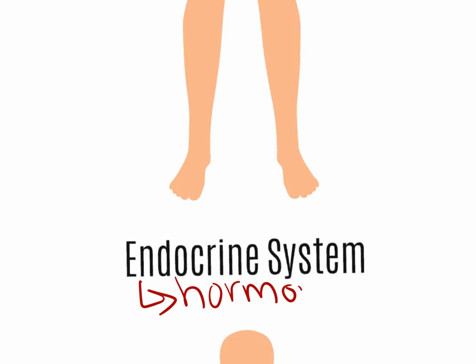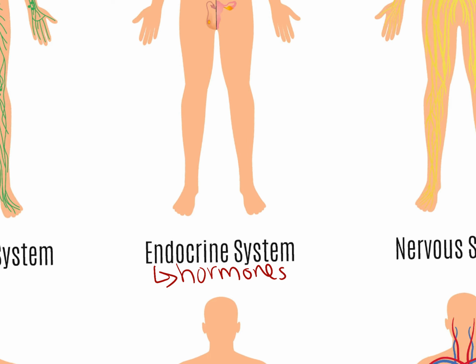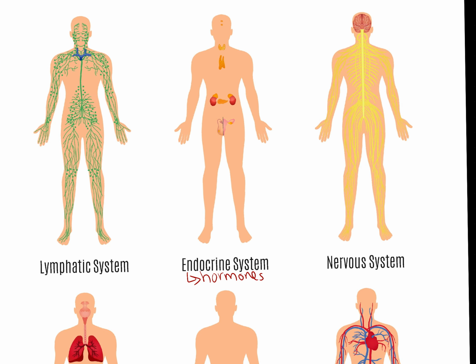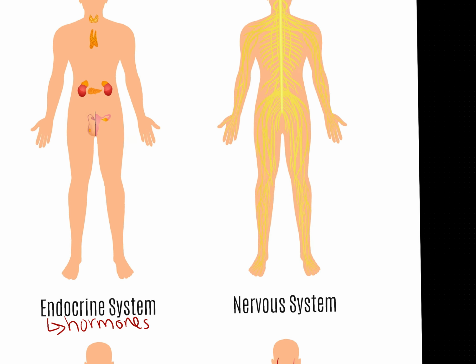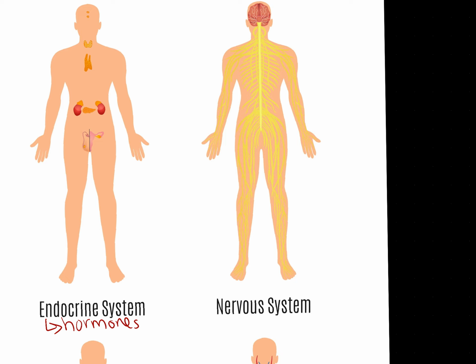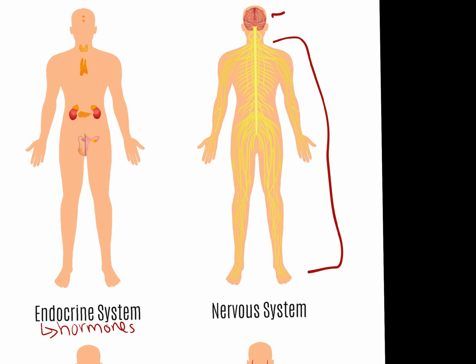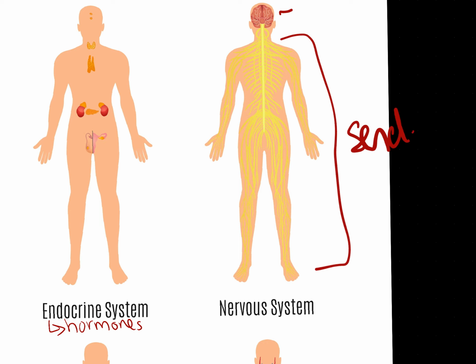Endocrine system, Miss Mowat just corrected me on how to say that. Endocrine system, that's our hormones like insulin and glucagon. Our nervous system includes our brain and our nerves, and it's sending signals all throughout the body. We saw that in thermoregulation.